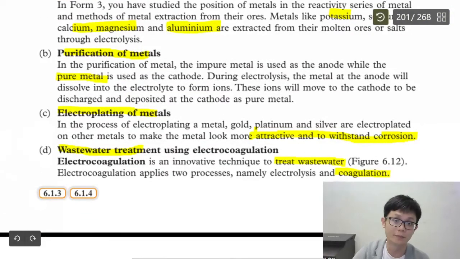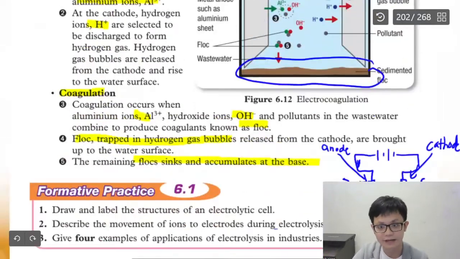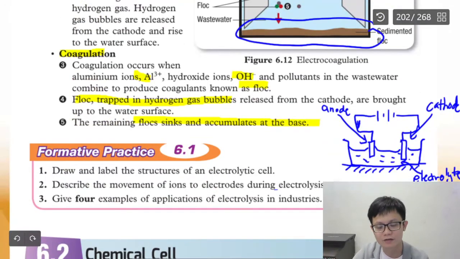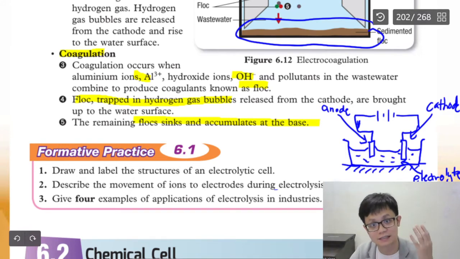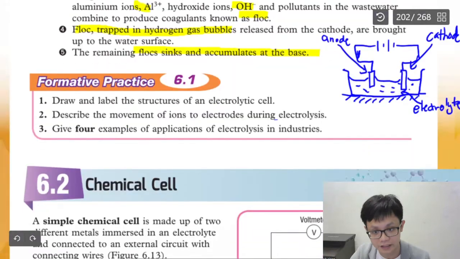Of course, there are many more examples of using electrolysis. So it is up to you what you want to write, because usually the answer they want is from your textbook. So we just give the answer according to the textbook.